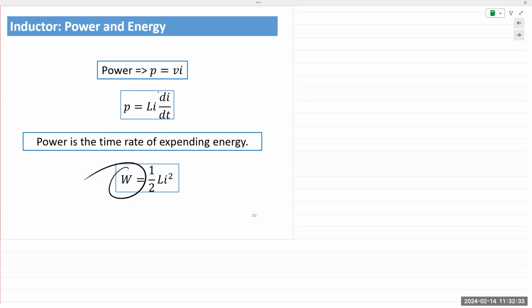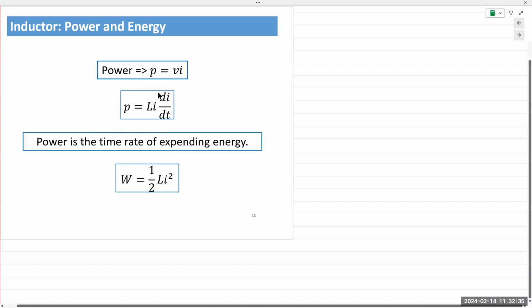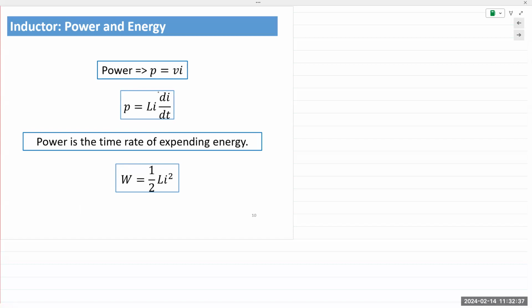This should be lowercase w, energy, is half L i square. So this is the total energy stored in the inductor: half L i square.